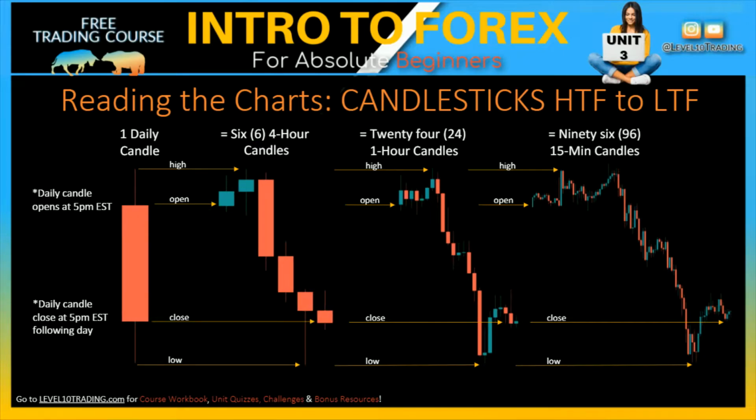So you see that in 6 candles, you absolutely see that price came up, made this high, price pushed down, made the low, then price pulled back and came back right here for the close.